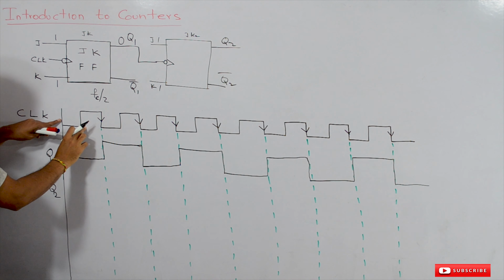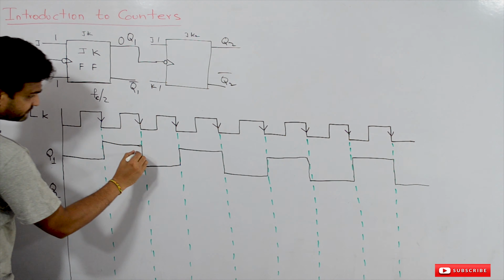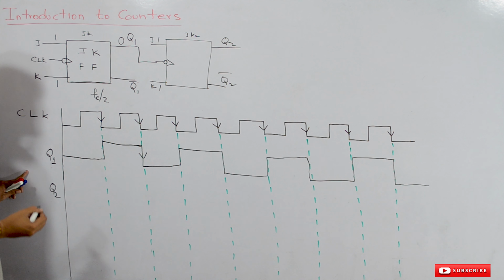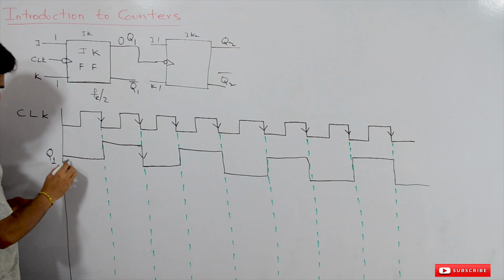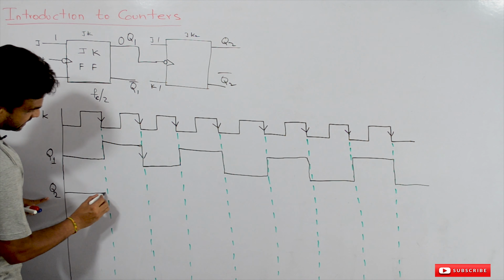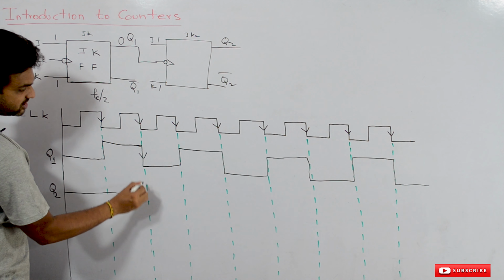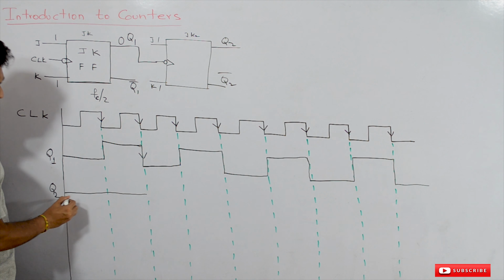At every negative edge we are going to toggle the output. Initially the output is 0. Until we get the negative edge clock, this output will remain the same.